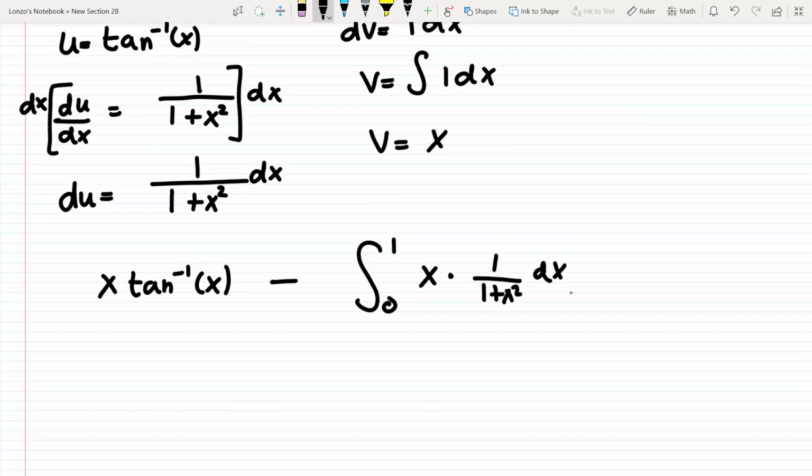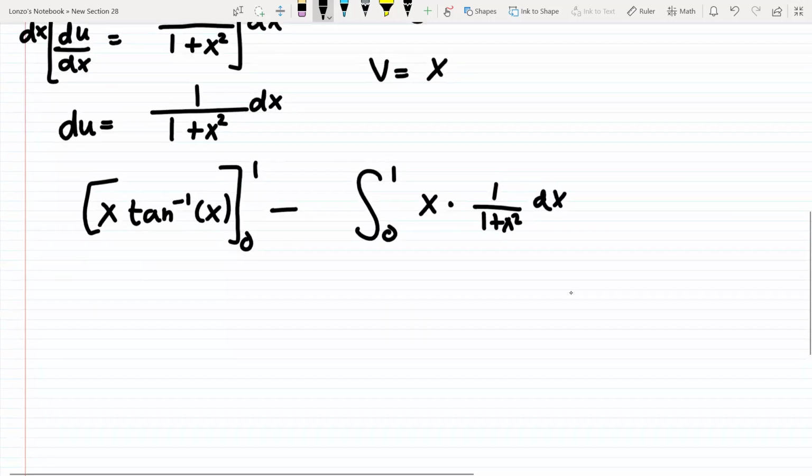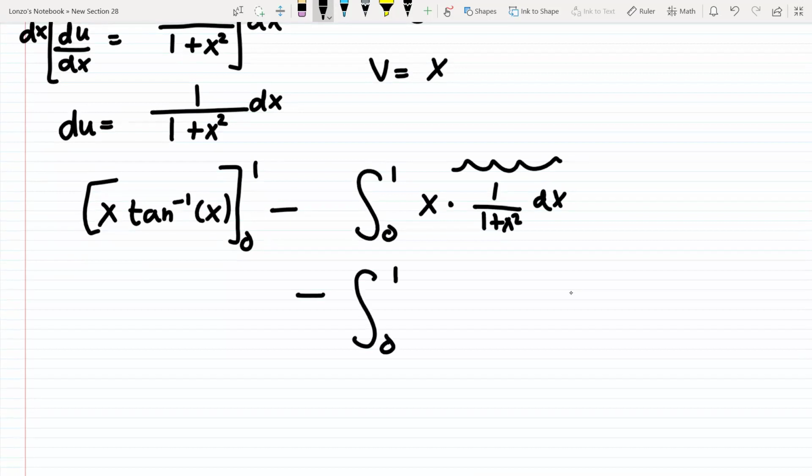So you can clean this up a bit. If you apply the rule, this would be from 0 to 1. So x times 1 over 1 plus x squared, you can rewrite as x over 1 plus x squared dx. Let's do this part first. How do we take the integration of x over 1 plus x squared? You're most likely going to do u substitution.